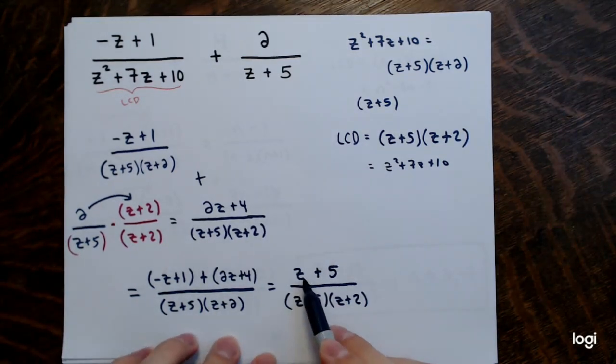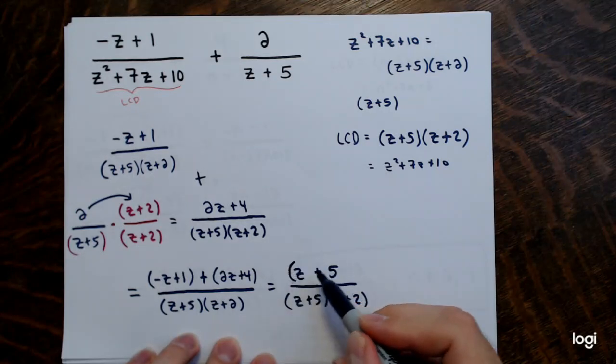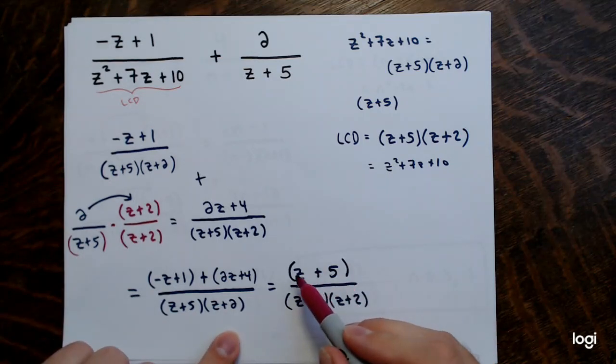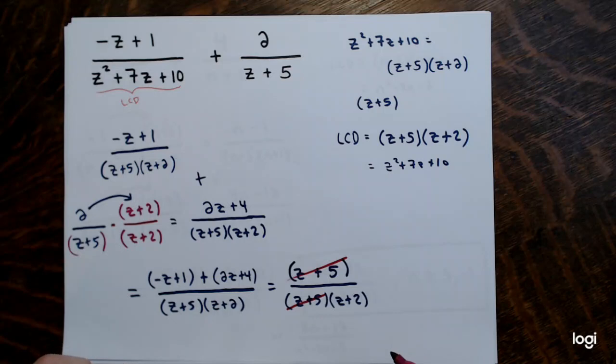The numerator has the greatest common factor. This has multiple terms. You look for the greatest common factor. The greatest common factor is 1. So there's nothing to pull out here. So this entire thing, all of it, is the only factor of the numerator other than 1. And I do see it now, right? There is some simplification going on here. This and this, right? The numerator and denominator have a common factor of z plus 5.